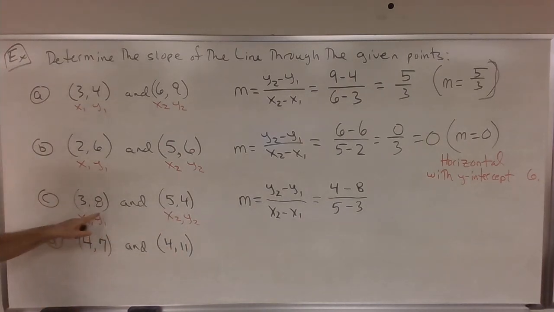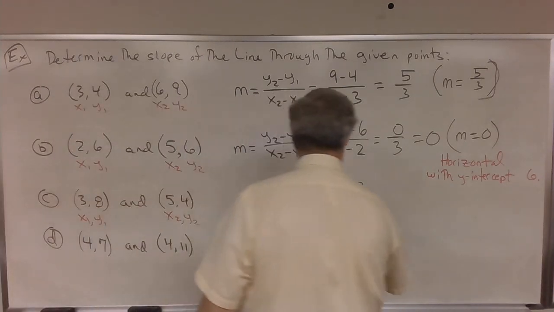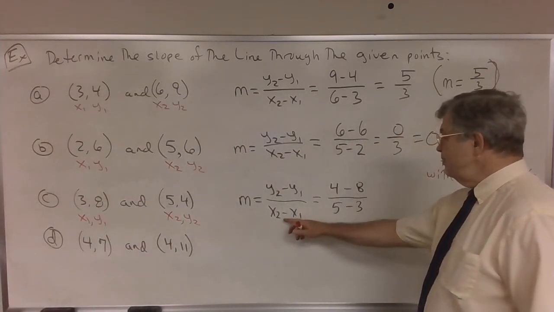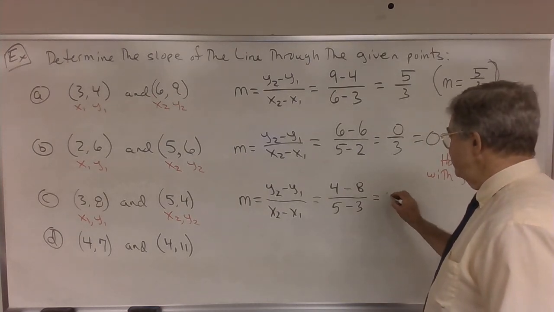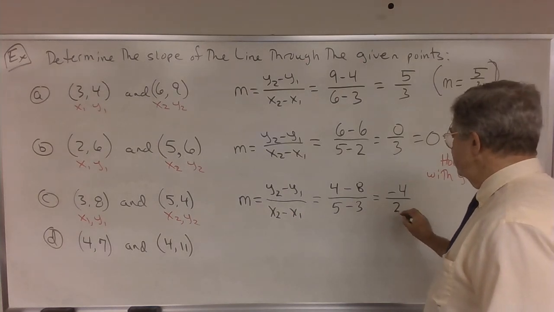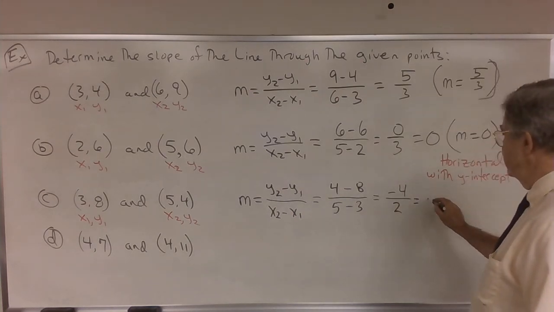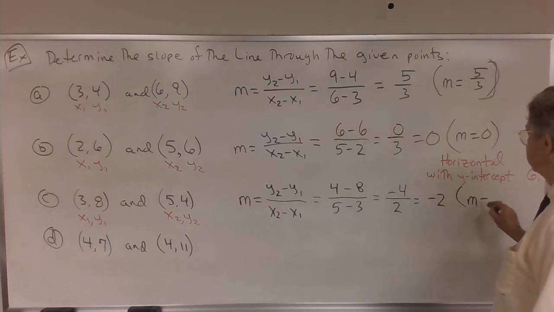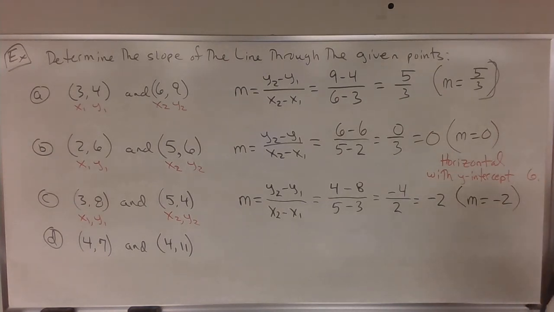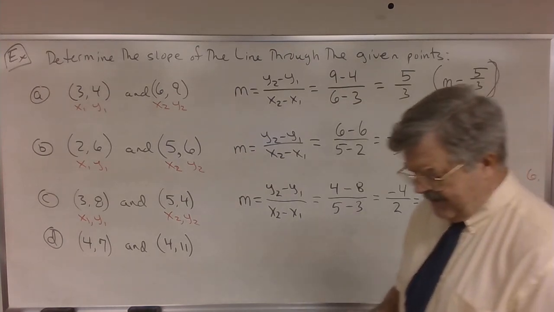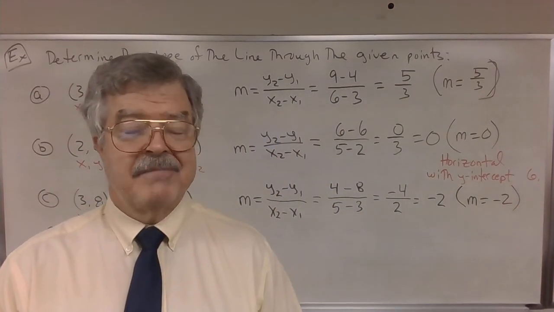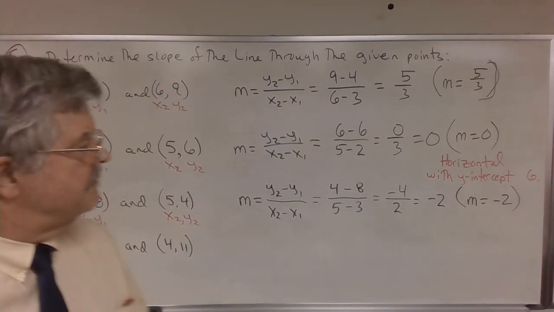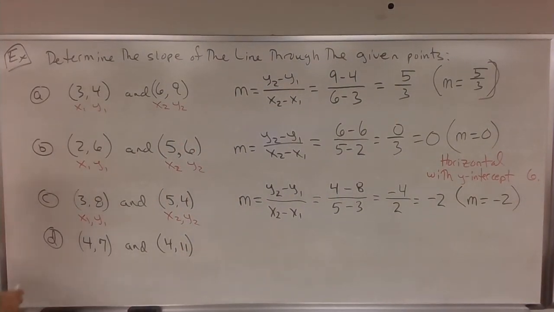So y2 minus y1 is 4 minus 8, and x2 minus x1 is 5 minus 3. So what do we have? Negative 4 over positive 2. Negative 2. Slope equals negative 2. Negative slope. I think when we finish this exercise, I'm going to have to comment about positive slope and negative slope.